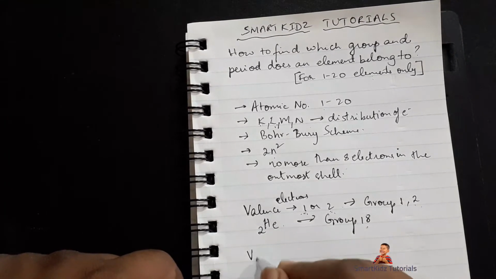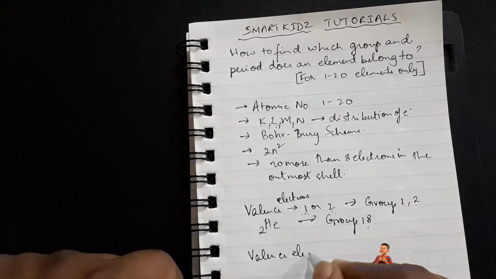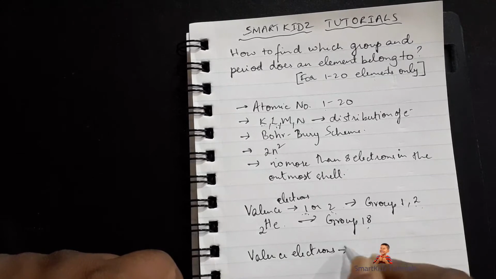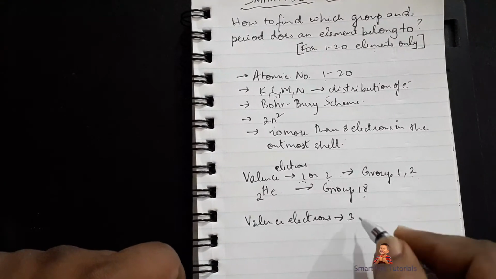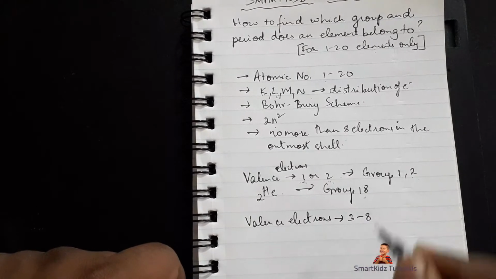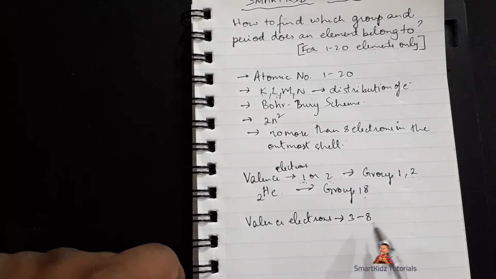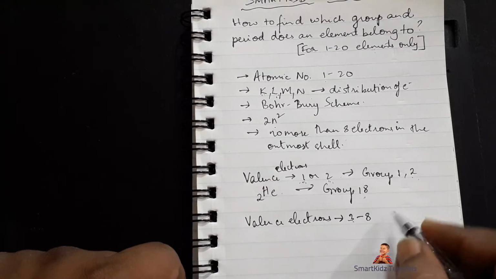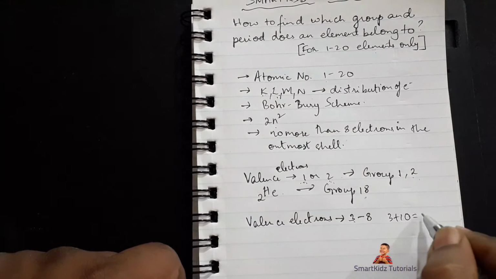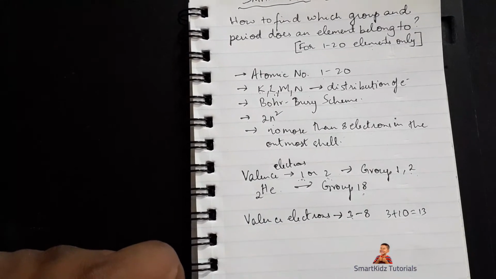If the valence electrons are more than 2, that means 3, and up to a maximum of 8 electrons in the outermost shell, then to find the group, all you need to do is add 10. So if the valence electrons are 3, then 3 plus 10 is 13, so it will fall in group number 13.